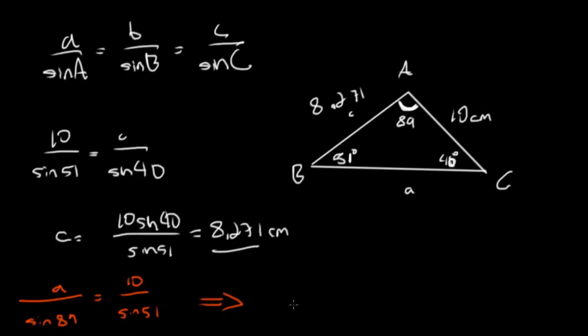So A is, what is that going to be? 10 times sine 89 over sine 51. Sine 89 is going to be really close to 1. 10 sine 89 divided by sine 51 is 12.866.